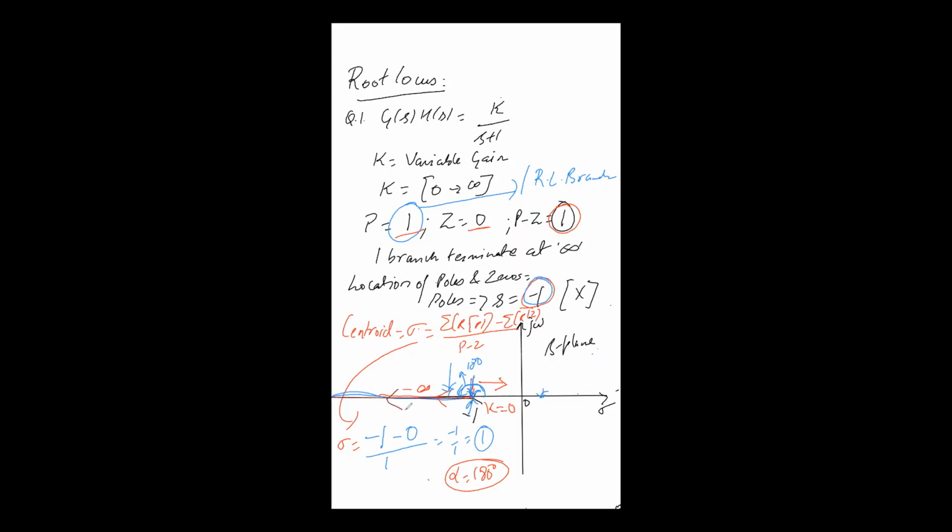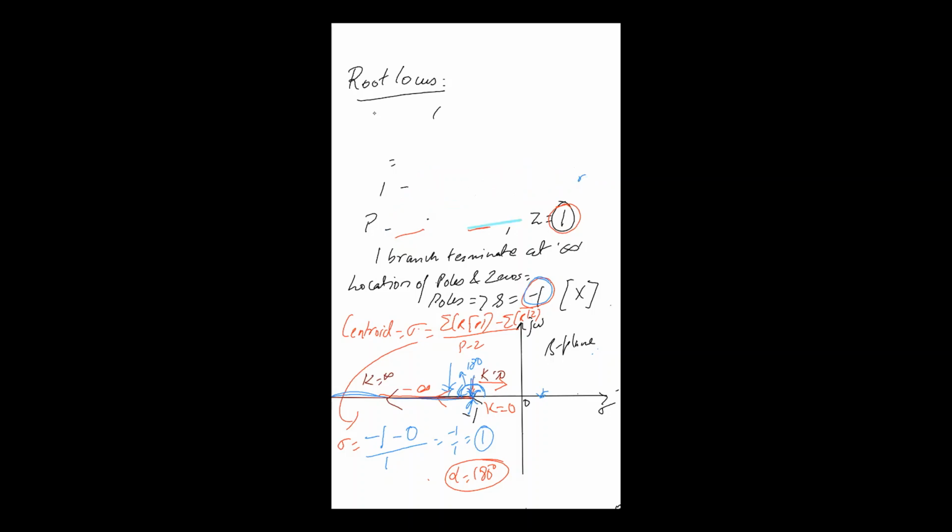So this is k equal to infinite. Here k is equal to 0. I will again draw the root locus diagram. We have one pole at s equal to minus 1.